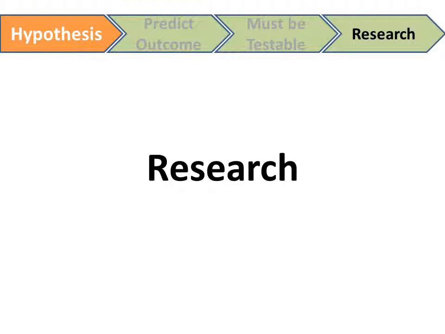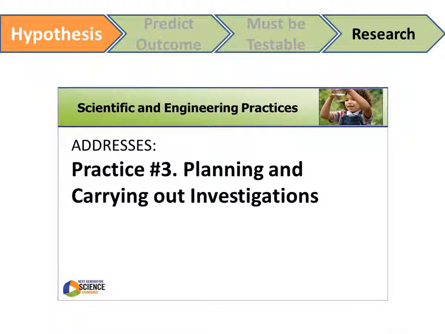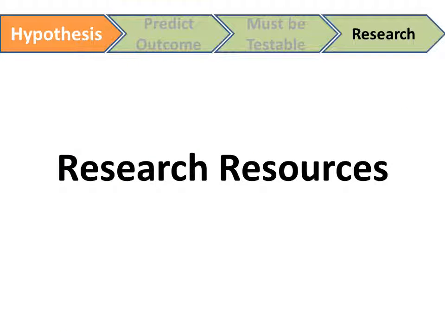To create a useful hypothesis, you'll need to understand the topic your question is about quite well. Remember, it needs to be an educated guess. Completing research also supports NGSS Scientific and Engineering Practice Number 3, Planning and Carrying Out Investigations. There are many online resources available that can help you research a science topic.